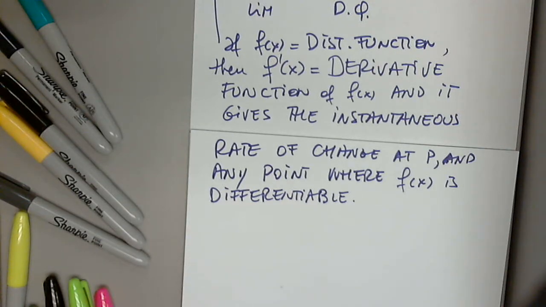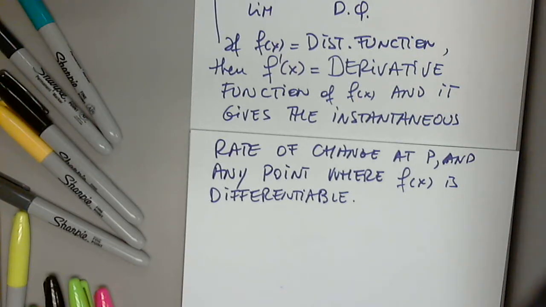So now I have a way of determining the instantaneous rate of change of a function. It doesn't have to be the distance function. It can be profit. And you say, what is the instantaneous rate of change of profit? And I will find the derivative. Then it can be cost. What is the instantaneous rate of change of cost with respect to time? And I'll find the derivative.